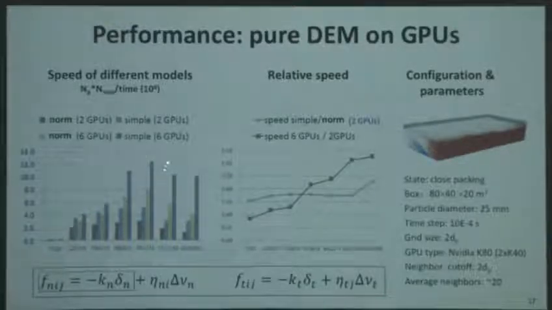For these 2 GPUs, you can almost reach 100 million particle updates per second for a single GPU if you are using a simple interaction law. But if you are using a more normal interaction law, then the performance will be almost half. But it is still very significant, because you can imagine we can simulate about 10,000 particles in real time using very fine time steps.